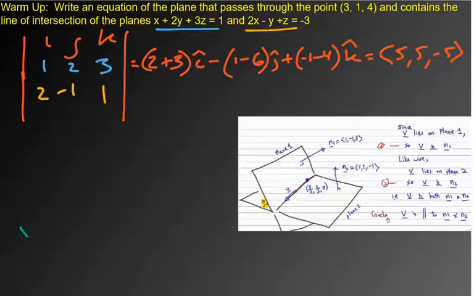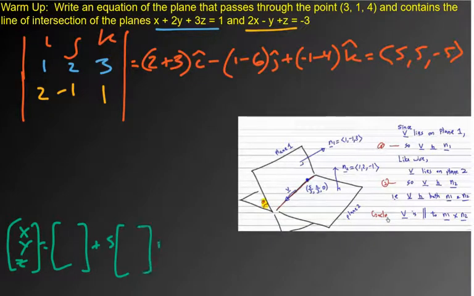So my answer will be in vector form, which is really the simplest way to write the equation. So far we know a point that the plane goes through, which was just given already, (3, 1, 4). And we know one direction vector now. We know (5, 5, -5) is in line with the plane.